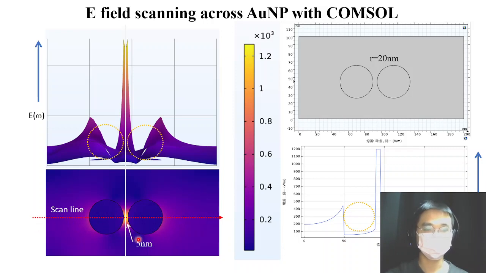In this part I put two particles 5 nanometers apart, and we can see the electric field in the middle is very strong. Going to the XY axis, we can see here.